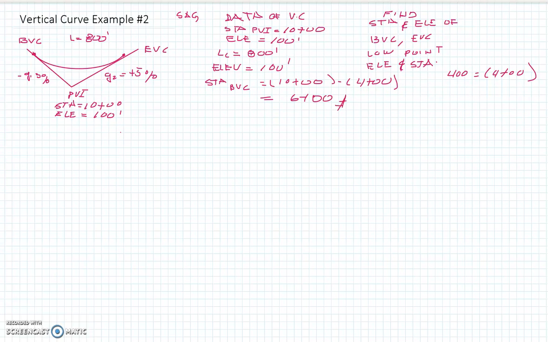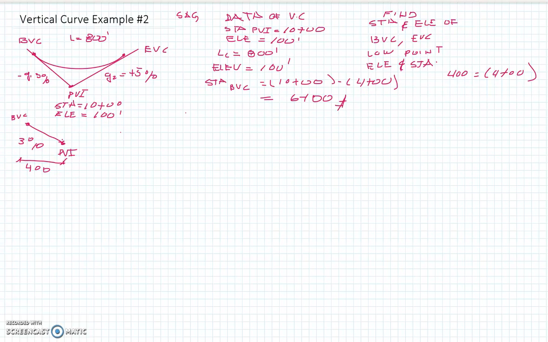And the elevation of this point, again, you just multiply the rise from the PVI to the beginning of the curve. This is my slope, 3%. This is my PVI, and this is my beginning of the vertical curve. The distance is 400, and I need to know how my tangent rises from this point to this point.